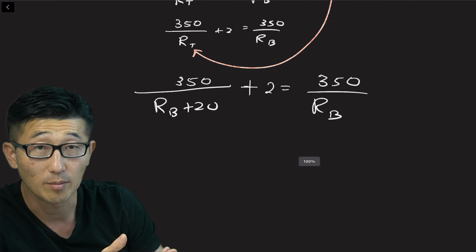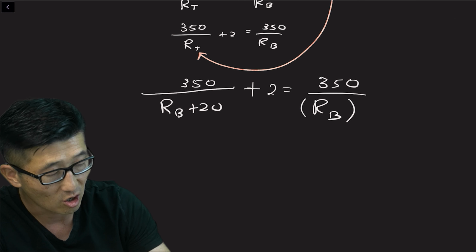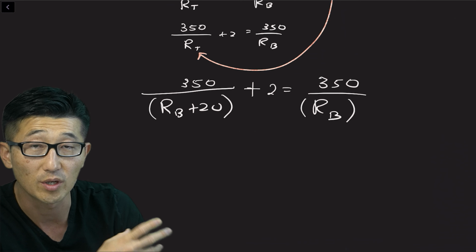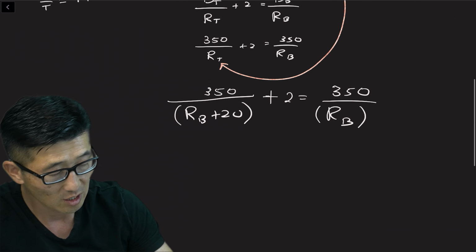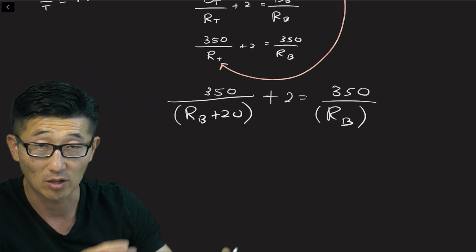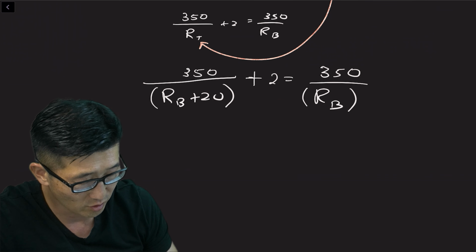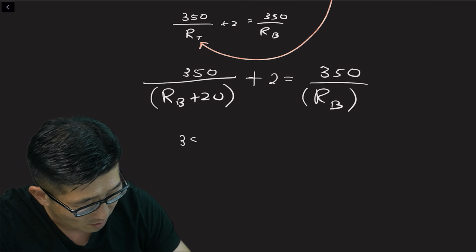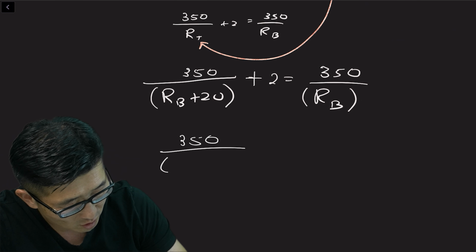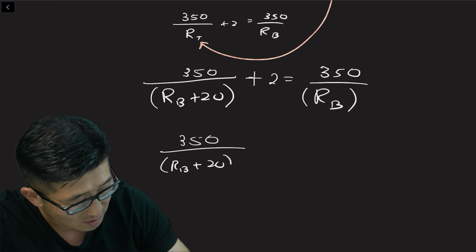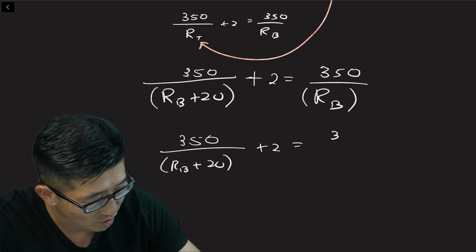So what's our common denominator? Well, it'll basically be RB times RB plus 20. You have to combine those two. So on the left side, I'll do it on the line right before this so that you'll know what happened. So let's see, 350 over RB plus 20 plus 2 equals 350 over RB.